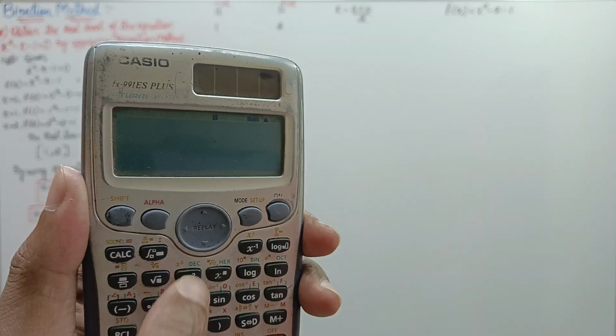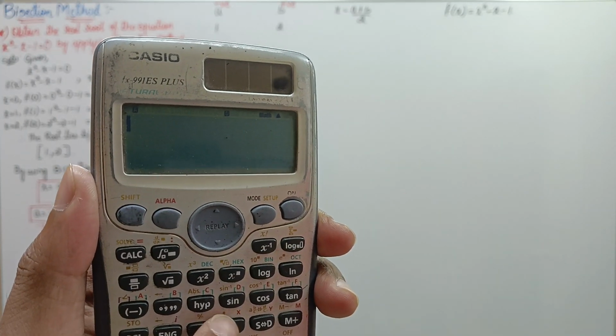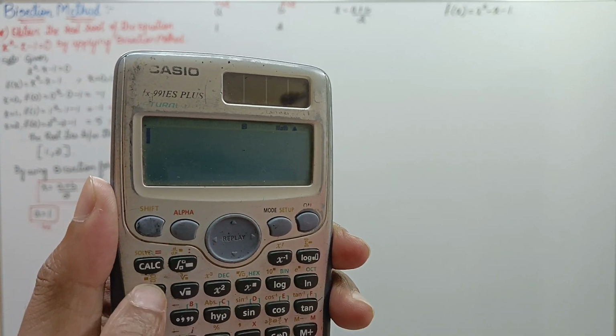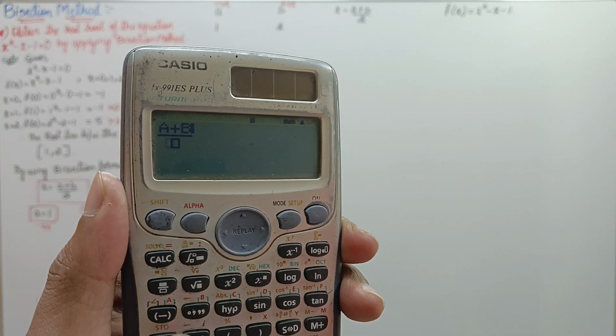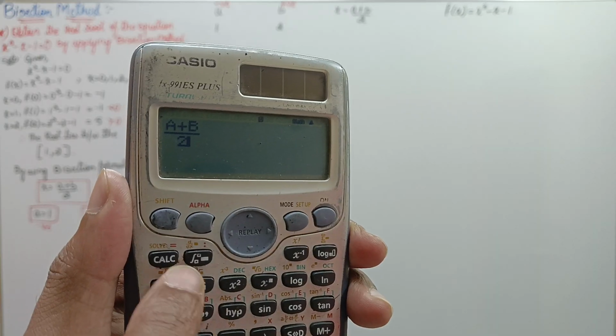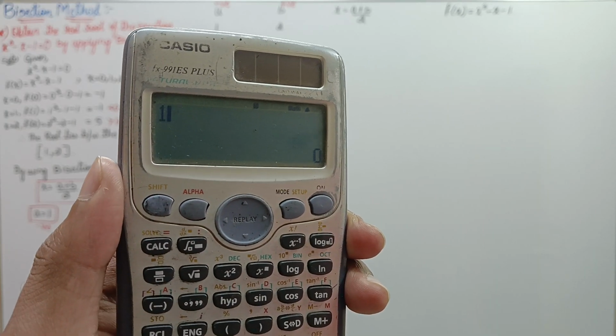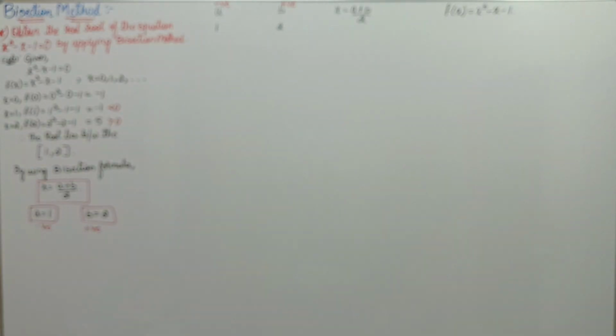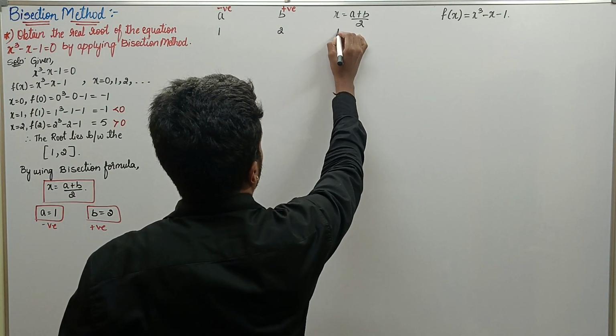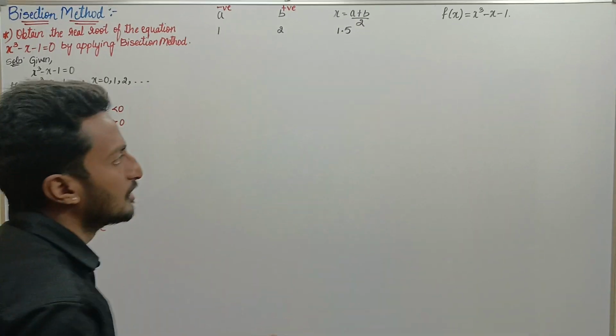Press AC, press numerator denominator, alpha a plus alpha b divided by 2. Press calc, give the value of a as 1 and b as 2. You get 3 by 2, that is 1.5. The value of x is 1.5.